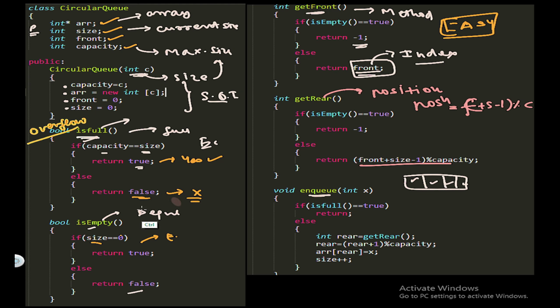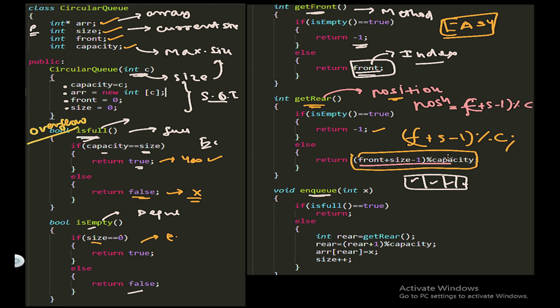Basically, this will return the position where I have to insert. So if it is empty, return -1, else return front plus size minus 1 modulo capacity.